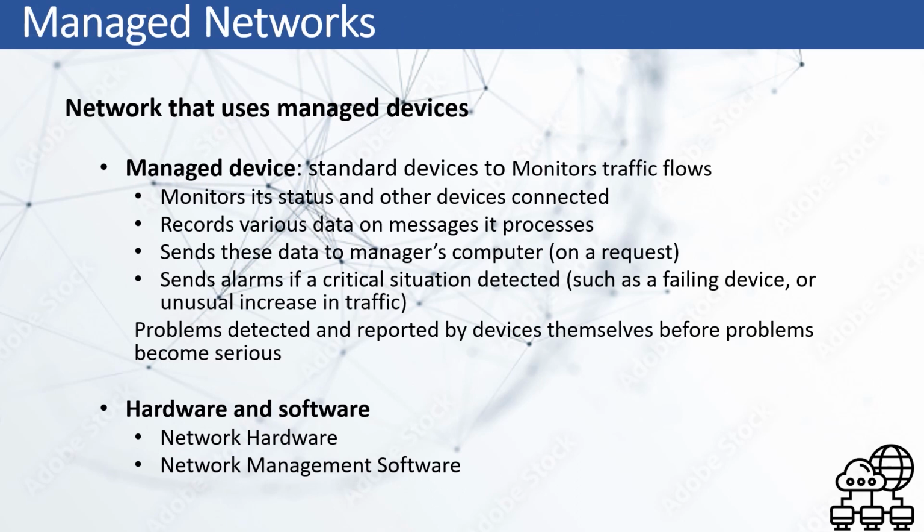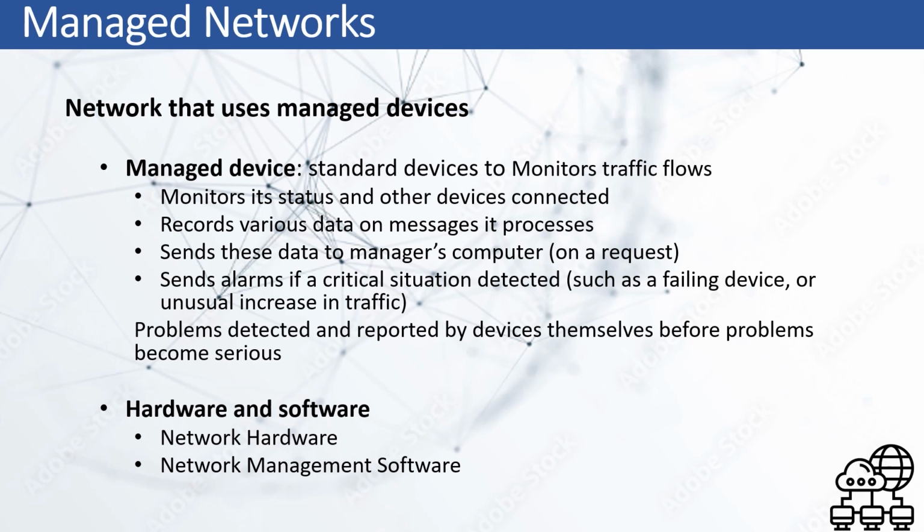A managed network uses standard devices to monitor traffic flows, monitor the status of other connected devices, record various data on the messages it processes, and send this data to managers' computers on request. It also sends alarms if a critical situation is detected, such as a failing device or an unusual increase in traffic.